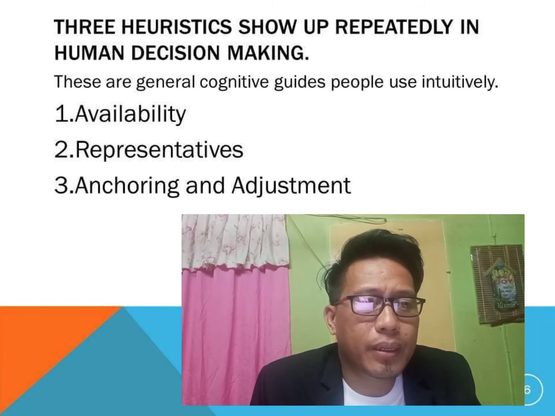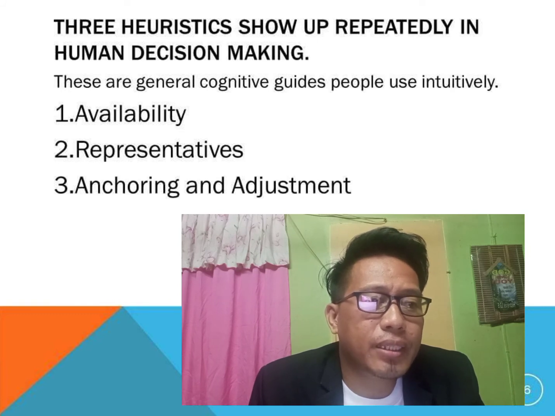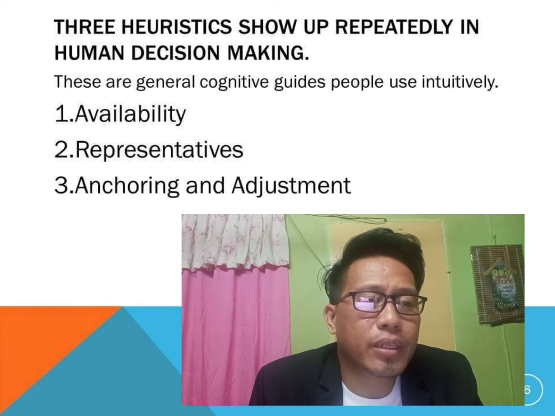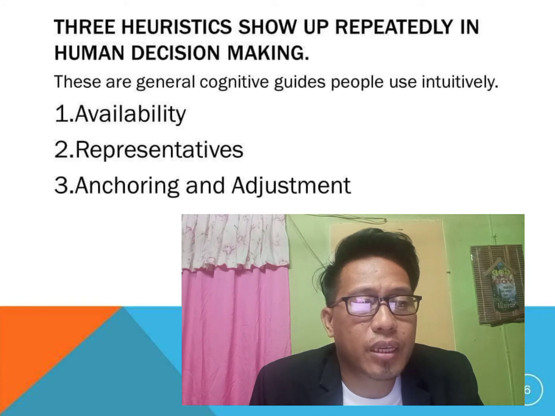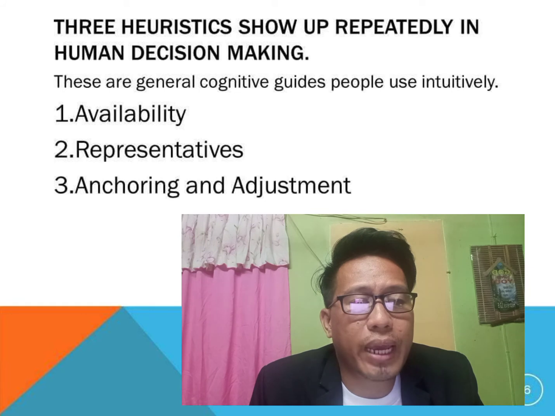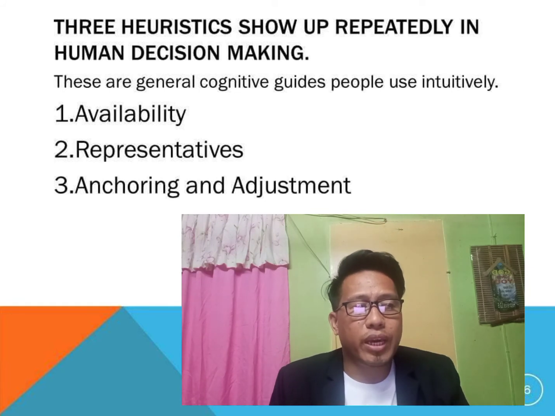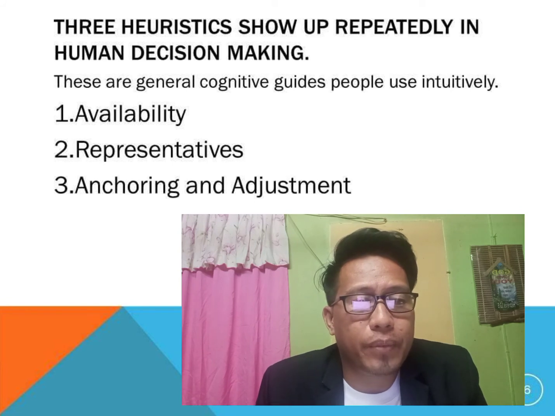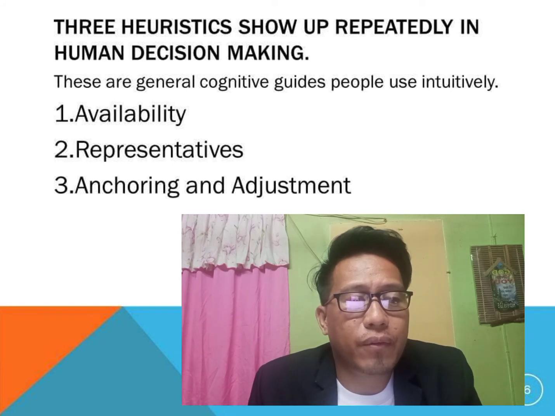When we say availability, people sometimes judge an event's likelihood by testing it against their memories. In principle, it is easier to recall frequently occurring events. Thus, events that are more readily available in memory are assumed to be more likely to occur in the future. This assumption is based on the experience of a lifetime, and it seems reasonable enough.